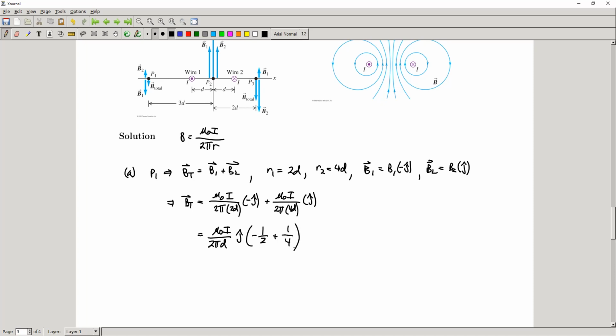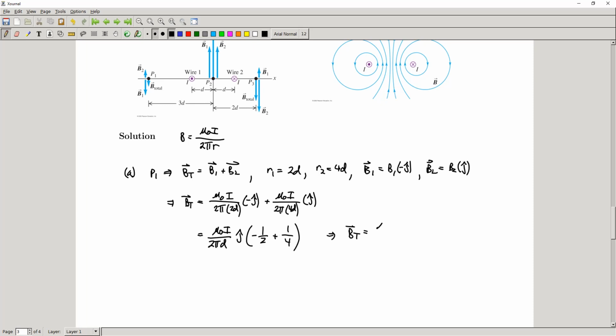And so what does this end up giving us? A negative 1/2 plus a quarter, so an overall minus sign, like 2/4 minus 1/4. So we're going to end up with negative 1/4.